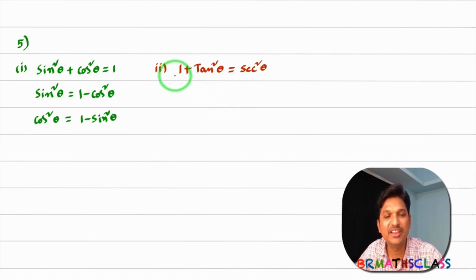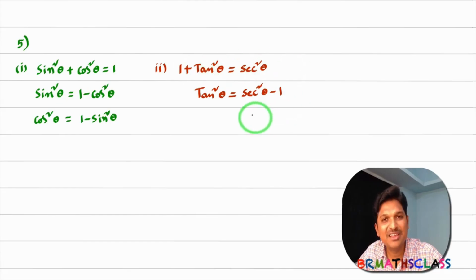You take this plus 1 to the right hand side. Then you will get tan square theta equal to secant square theta minus 1. This plus 1 will become minus 1. So tan square theta is secant square theta minus 1.